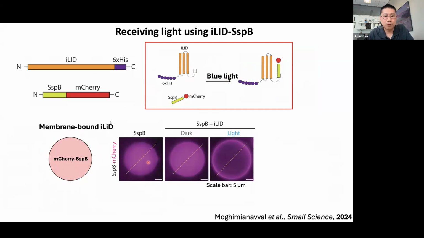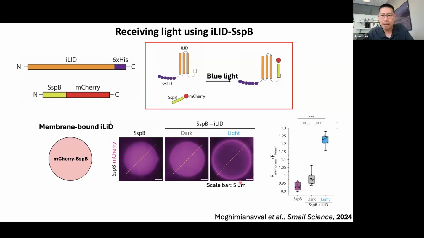Okay, so this is just what SspB looks like. If you have SspB plus iLID in the dark, you just see that the fluorescence is still lumenal. If you expose this with blue light, you'll see the translocation of SspB to the membrane. And this can be quantified over here, and you can see a very strong membrane to lumen fluorescence signal when you have blue light excited.